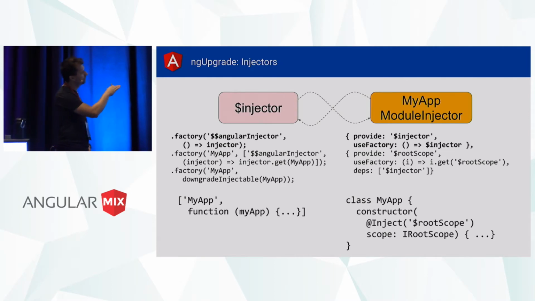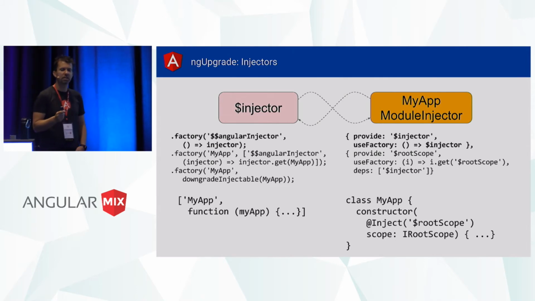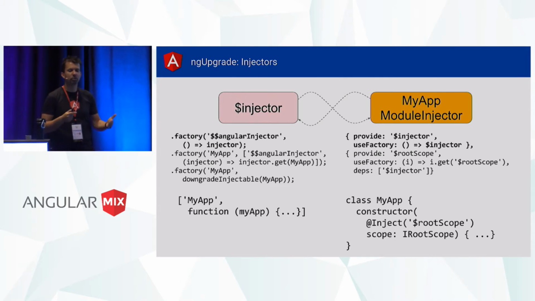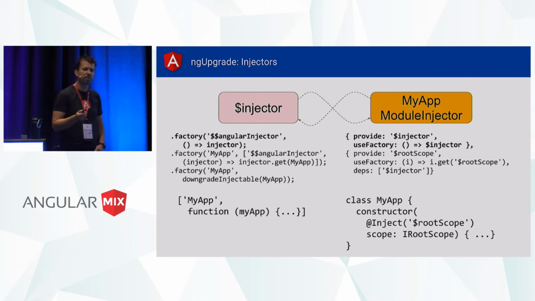So this basically allows us, inside of the Angular world, inside of my class constructor, to inject things by string, in this case the root scope, the way you would do it in AngularJS. Or it makes the my app instance available inside of the AngularJS world as well. So by bridging the injectors, you basically allow yourself to inject services from either AngularJS or Angular seamlessly between each other.